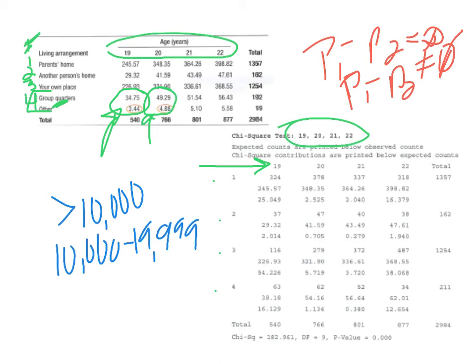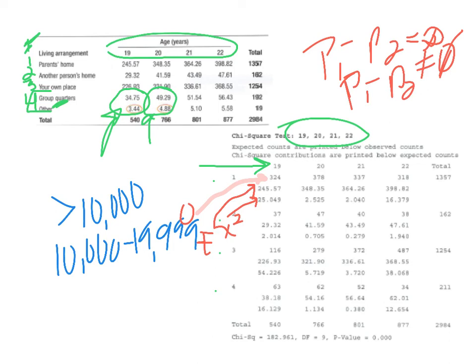I get my observed, which is my top one, my expected numbers, and then the portion of the chi-square statistic is the bottom one. So observed, expected, its portion of the chi-square statistic, and I see that for each one of them.